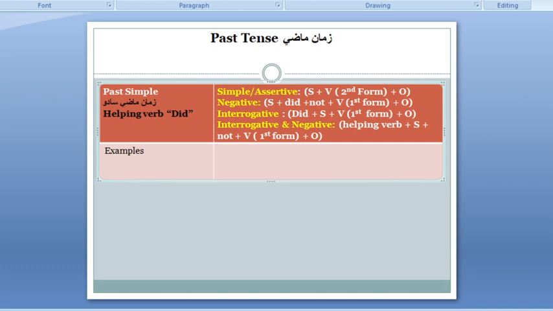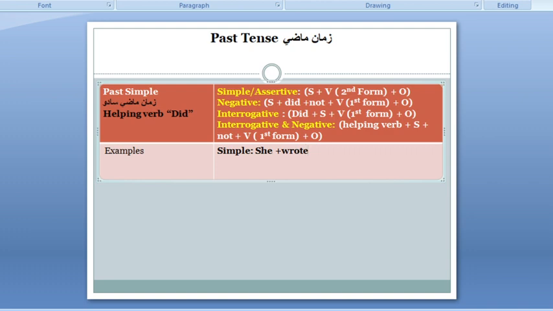So here the simple tense will be simple. I'm writing simple, so I will not be writing again and again the affirmative sentence. So she as a subject, so plus you can see in the formula write. So write will be changed into second form, wrote. So this is very important.